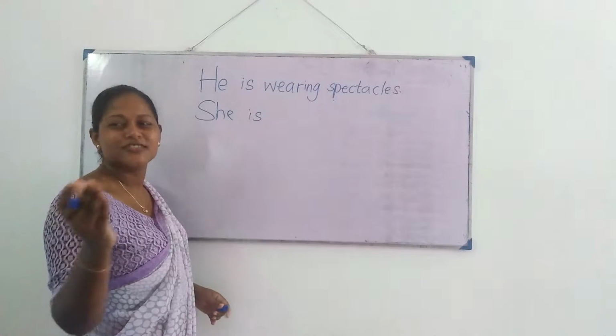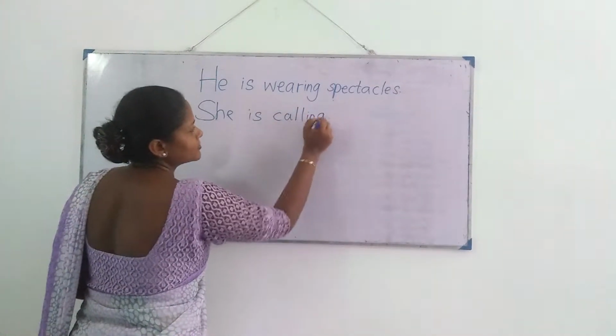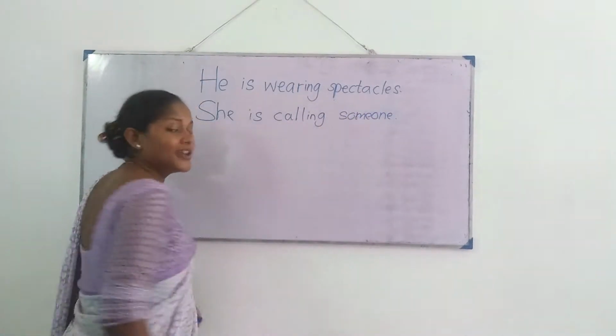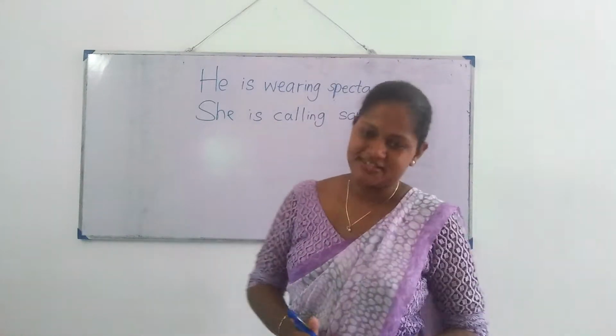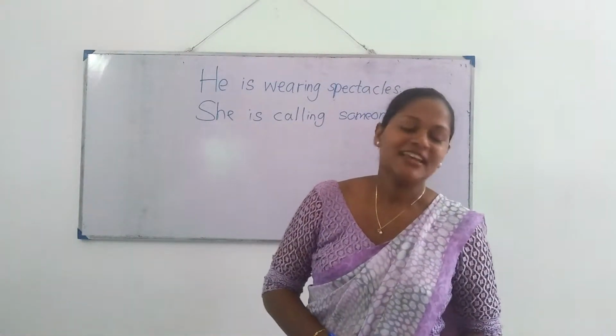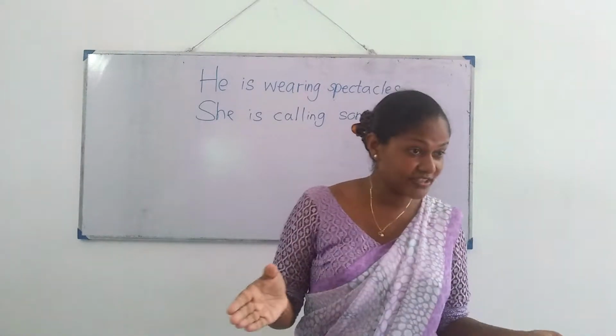So we'll just write she is calling someone. Now the third one, I'll write it. Now all of them are working in an office, isn't it? Yes, so we'll write a sentence like they are working in an office.